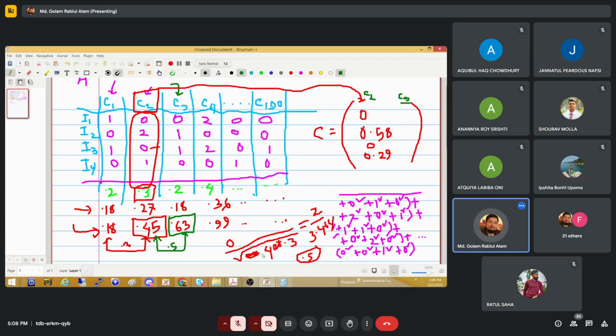What we have to do is find out each and every value divided by the square root of C times the probability of that.